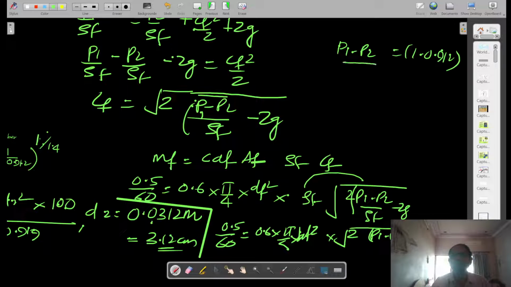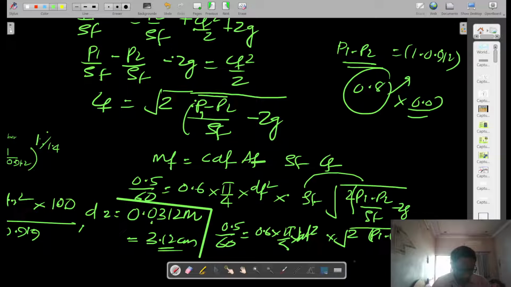But at the venturi, it is 0.8 times this value, which is 0.07.